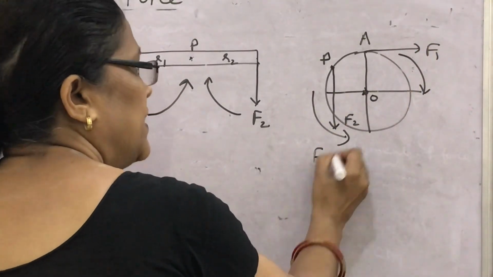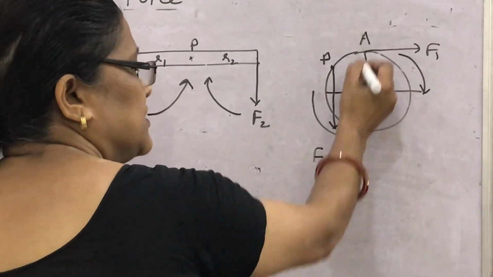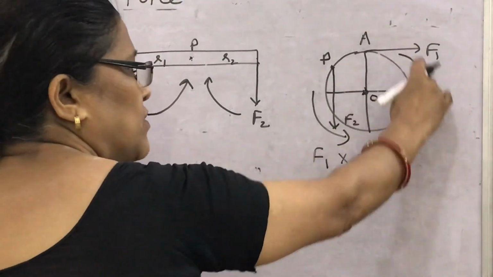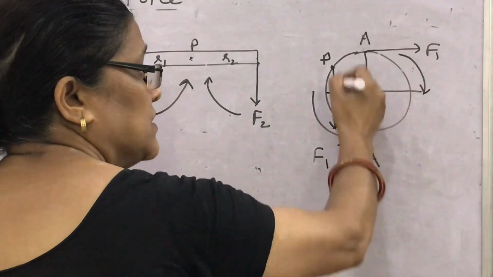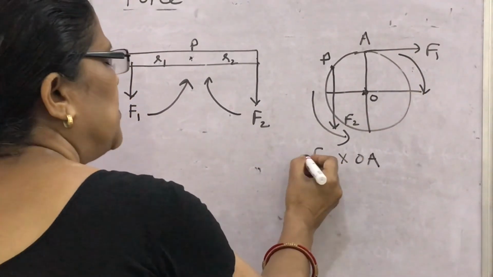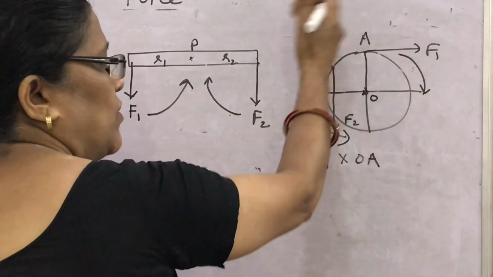This is F1, and what is this? The perpendicular distance OA. So F1 cross OA. And what is this? Clockwise. For clockwise rotation, the moment of force is written with a negative sign. So you can write this with negative. What is this? Anti-clockwise.